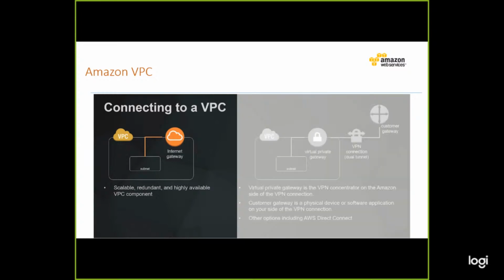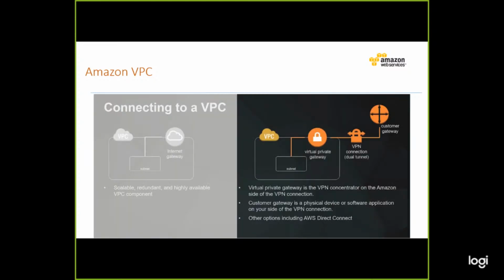Now, if we are launching a web server, for example the WordPress application, and we want that application to be accessible to the wider public on the internet, we need to have an internet gateway at our VPC that allows that to happen, and then it will be accessible and scalable. It's reduced, and it will have a high availability component.